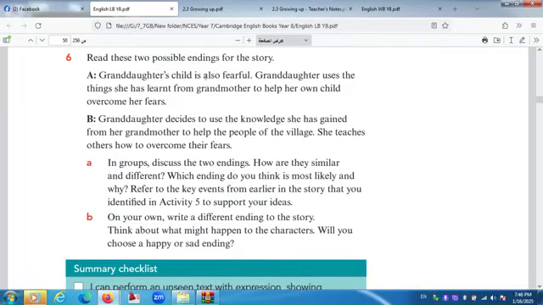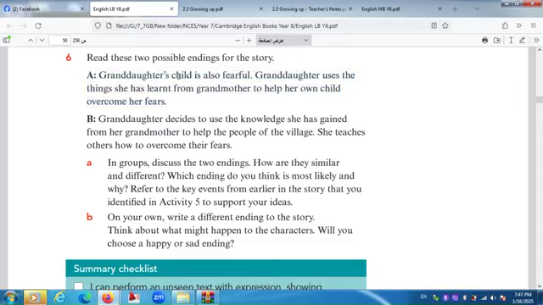A: the granddaughter's child is also fearful. The granddaughter uses the things she has learned from her grandmother in order to help her own child to overcome her fears. Or another ending, B: the granddaughter decides to use the knowledge she has gained from her grandmother in order to help other people in the village. She teaches others how to overcome their fears. So I have two possible endings. What might happen next?